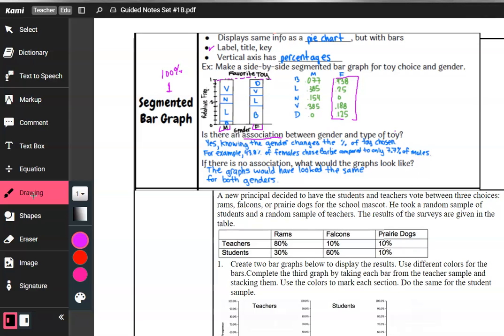So an answer here is yes, there is an association. Knowing the gender, male or female, changes the percent of toy chosen. For example, 43.8% of females chose Barbies compared to only 7.7% of males. So since these are different numbers, there is an association.